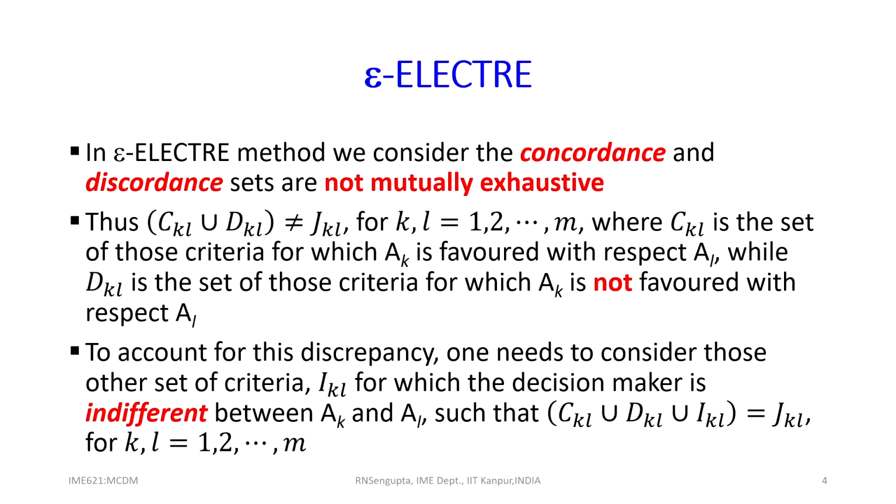In the Epsilon ELECTRE method, we consider the concordance set, the positive one, and yes, we consider the discordance set. But very interestingly, the concordance set and the discordance set are not mutually exhaustive. In the concordance discordance concept of the original method, it was very stark: go, no go, black and white, you like it, do not like it.